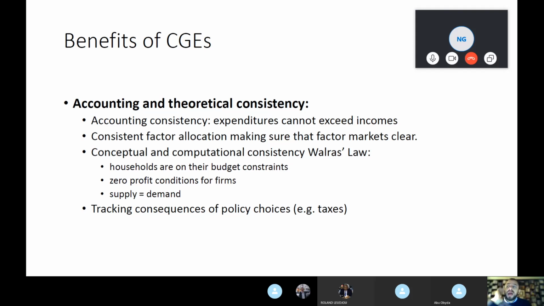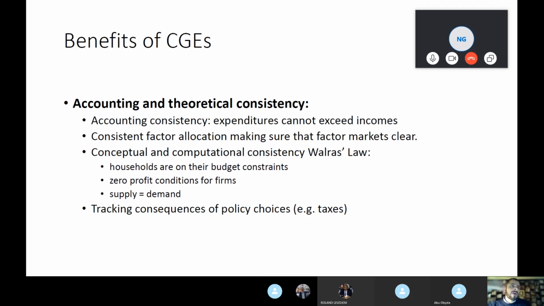So this means that we have an accounting consistency because we are using a consistent accounting document, which is the social accounting matrix, and we have a theoretical consistency because we are relying on general equilibrium theory along with microeconomic theories like consumer and producer theory, as well as macroeconomic identities.